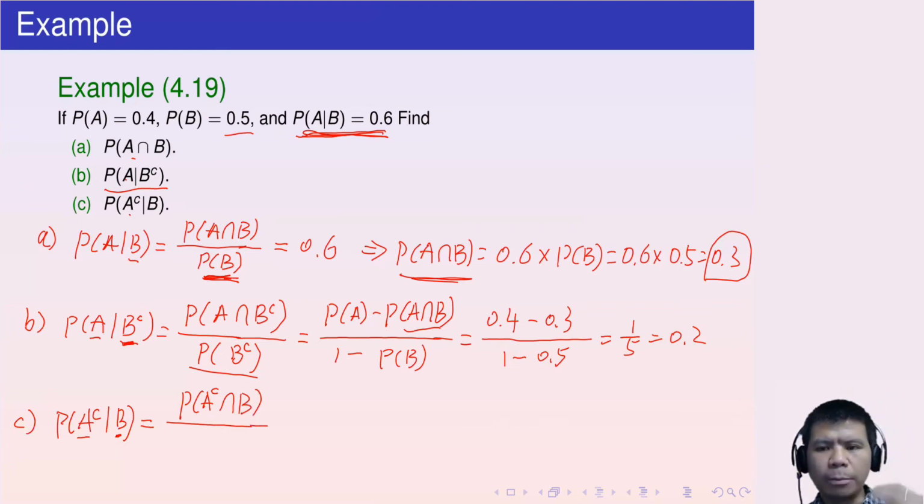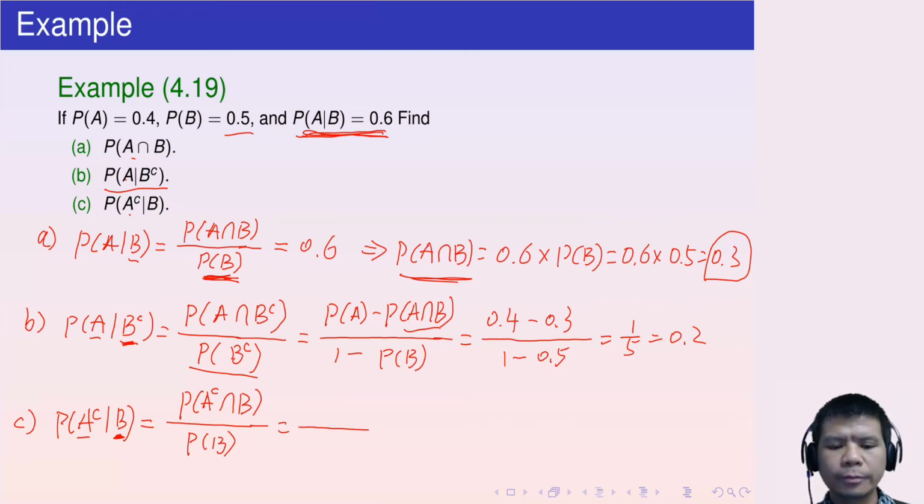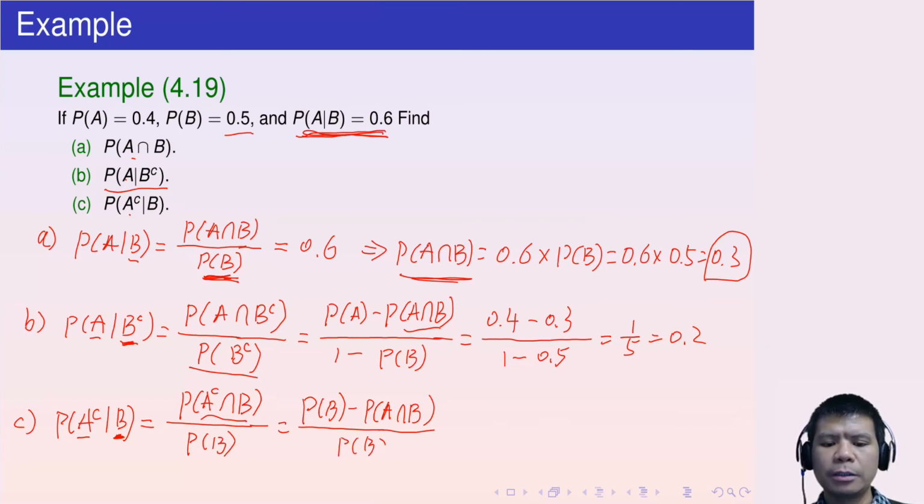Now, over the bottom is the probability of the event that serves as a condition. For this one, the event that serves as a condition is B. So it's just over probability of B. So again, on the top, this is in B, not in A. So using the difference rule, exclude the intersection from B, over probability of B. Okay.